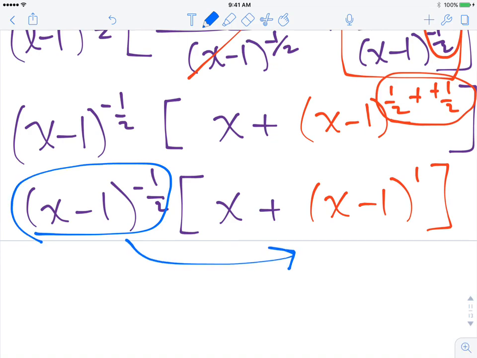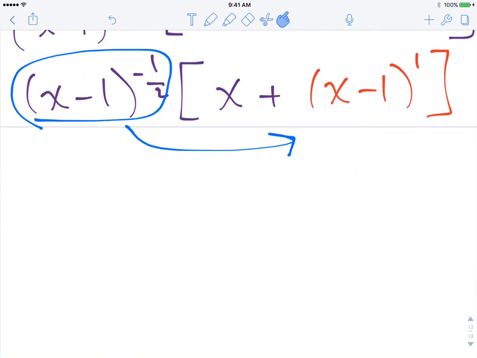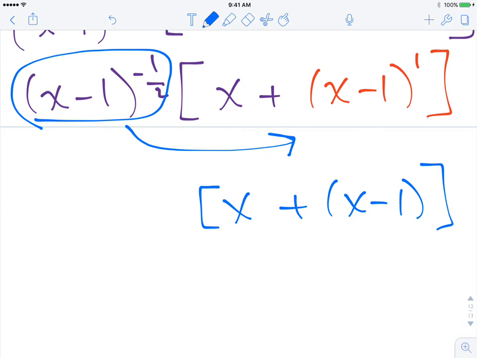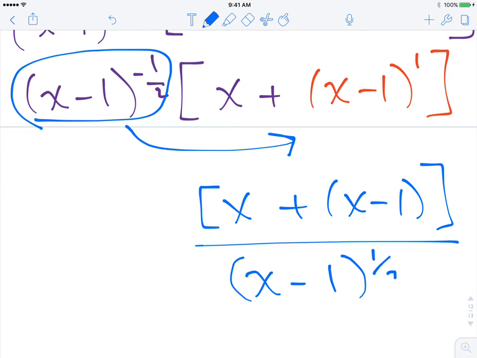And that's going to make it a positive 1/2. So you have x plus x minus 1, divided by x minus 1 raised to the positive 1/2 power.